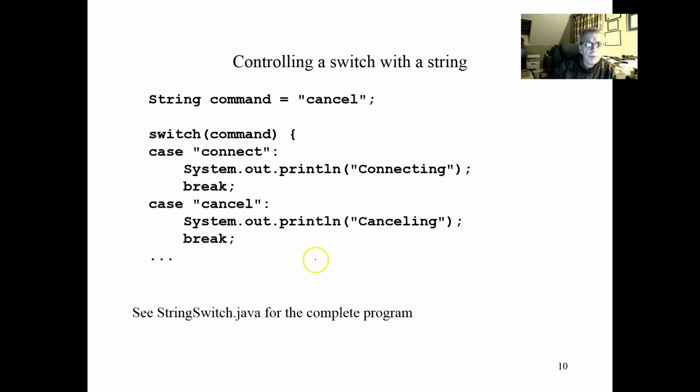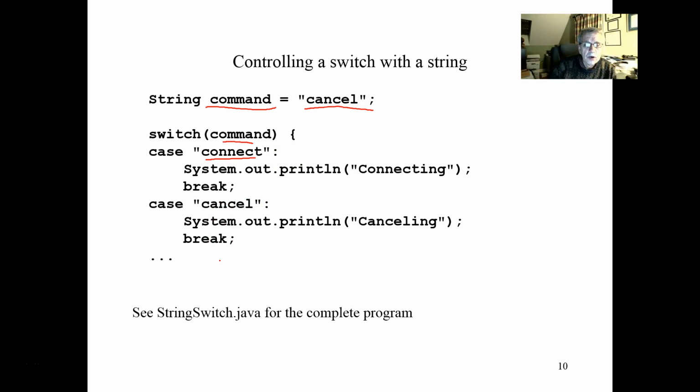So here's an example. We have a string reference variable, which has been assigned the address or the pointer or reference to the string with the word cancel. The switch statement checks the value of the string and compares it to this string. Are the two strings equal? If so, execute this block of code. If not, compare this. If the two strings are equal, execute this block of code, and so on.